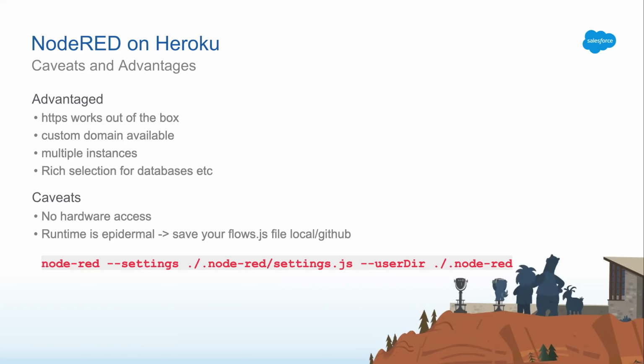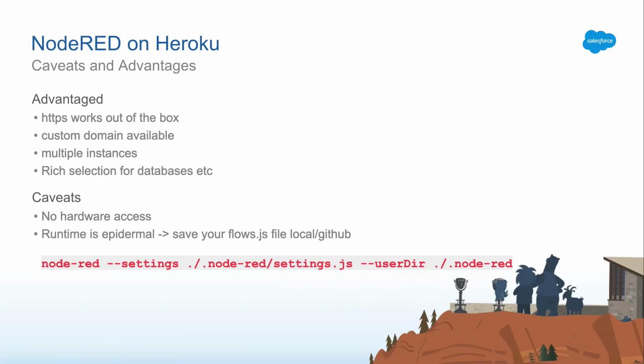What's currently in progress, you can go and store flows in GitHub. So NodeRED can load and save flows to GitHub. What isn't sorted out yet is to say, when you start, please connect to GitHub first, pull down the flow, and then restart it. So that's something the NodeRED team is working on.